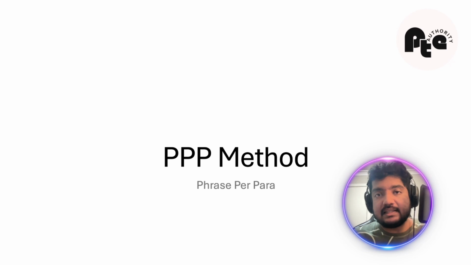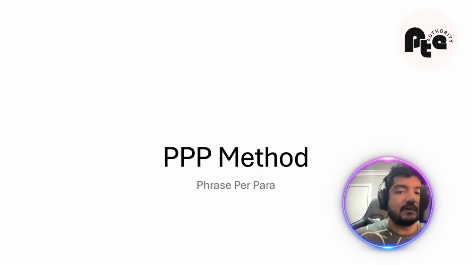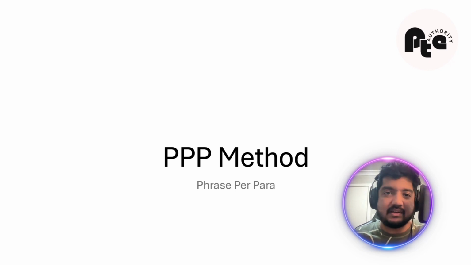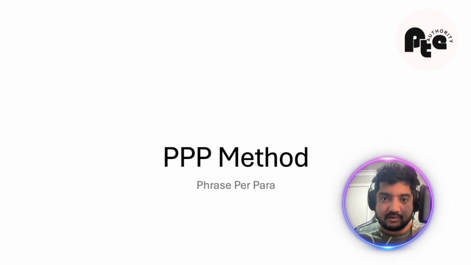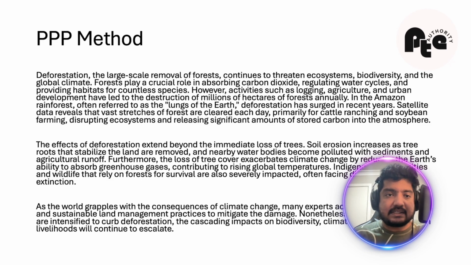Now, the technique that we're going to use to solve this type of question on PTE is called the PPP method, or the phrase per para method. With this method, you identify a phrase that clearly encapsulates what that paragraph says. Let's look at an example.